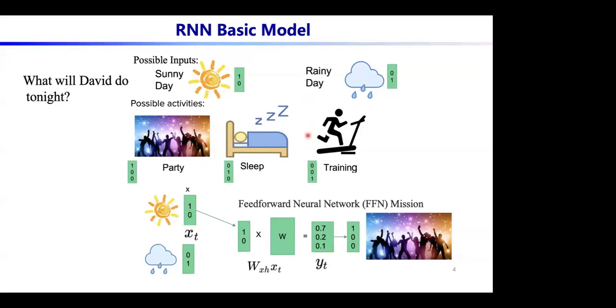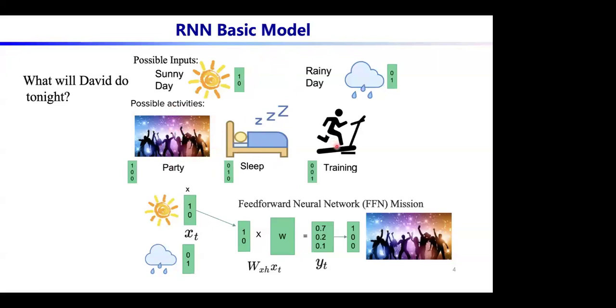So that's why the activity of the next day obviously should also be dependent on or related to the activity of today. So if today is a party, maybe the next day is not a party. So the weather-wise, it's equivalent to the local features, but activity-wise, if it is a previous activity, obviously it is time dependent.